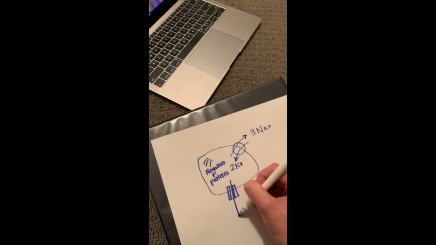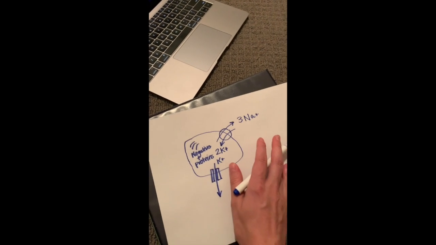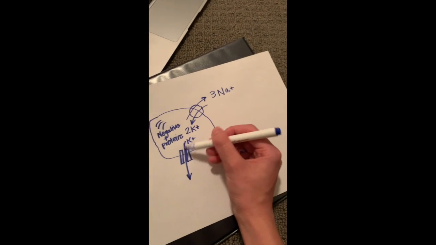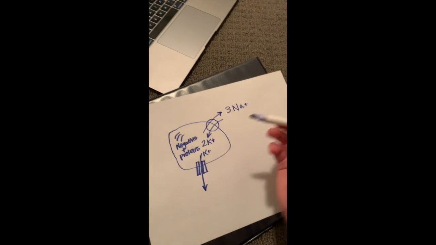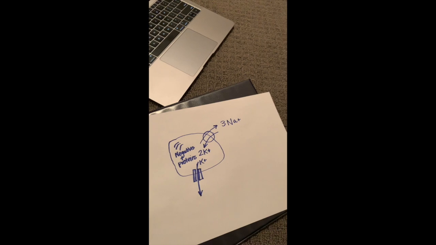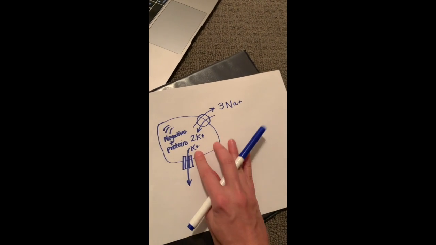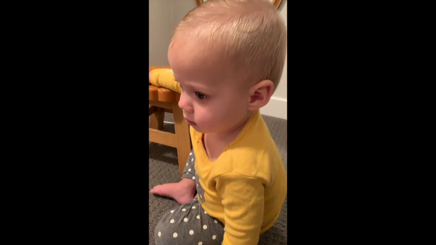So if potassium's constantly going out, then it's obviously pumping all the positive out, kind of similar to the pump. And what's left? Remember that the cell membrane is permeable to only potassium. Okay?